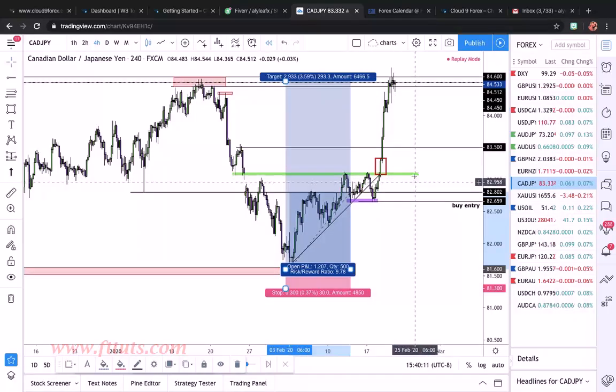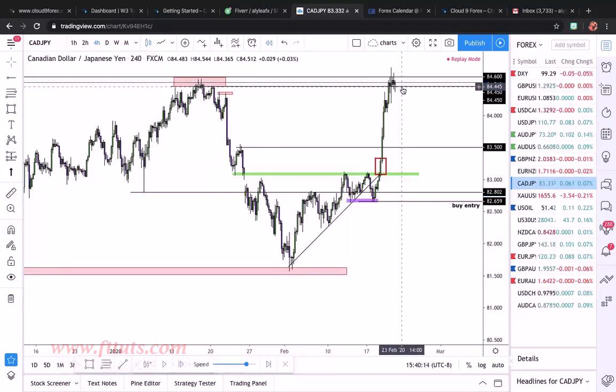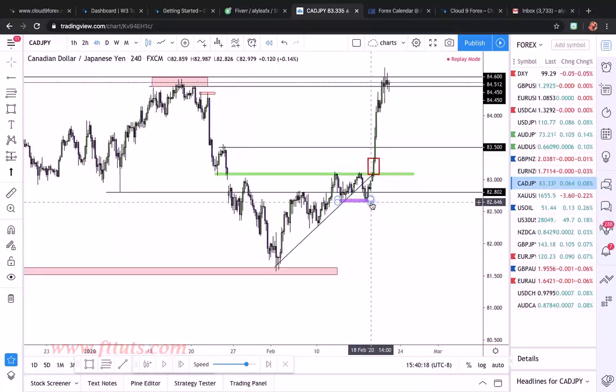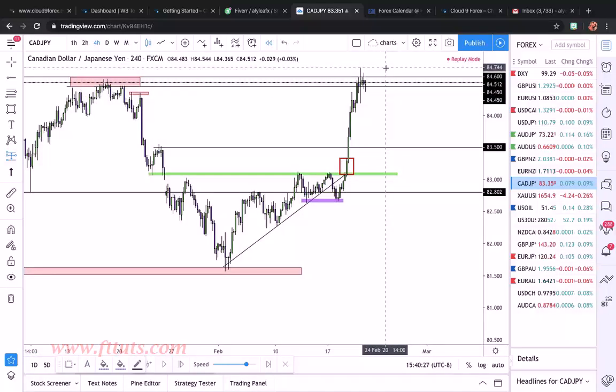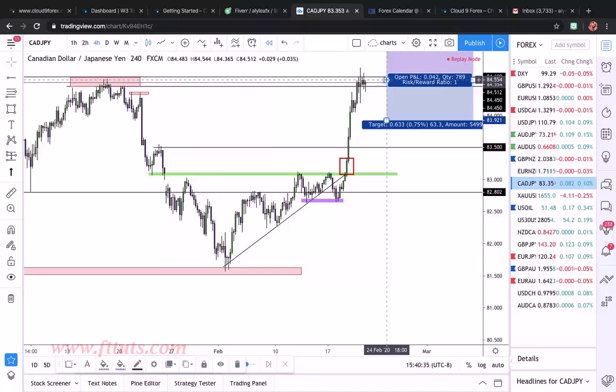But now since we are at resistance, we want to get out of our buy positions and then look for sells. So we want to short around our zone here. It hit 84.7, and then it is between 84.7 and 84.5, so we want to take an entry at 84.6.